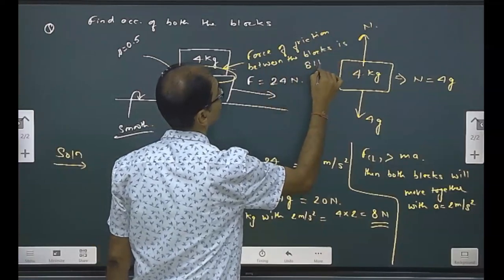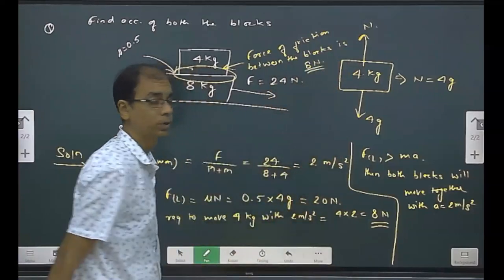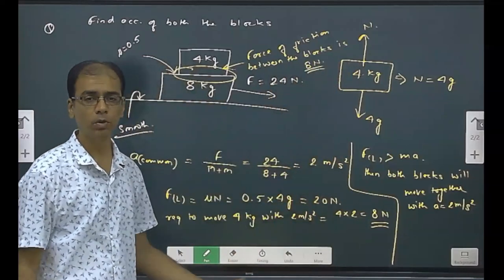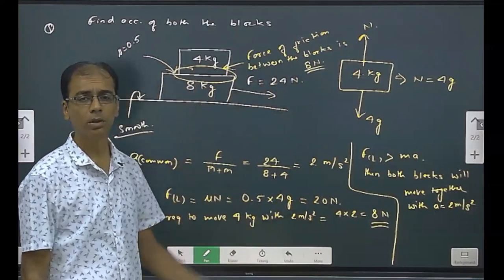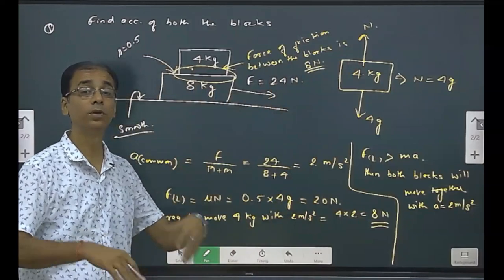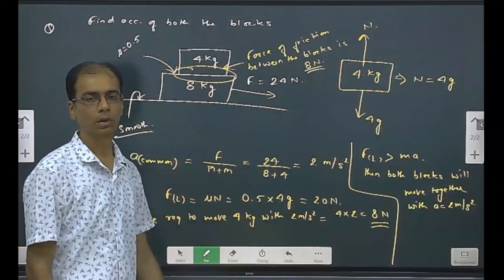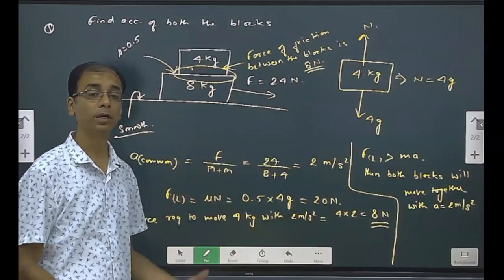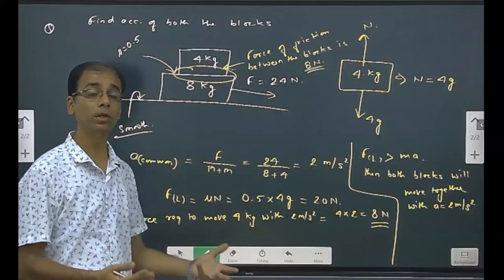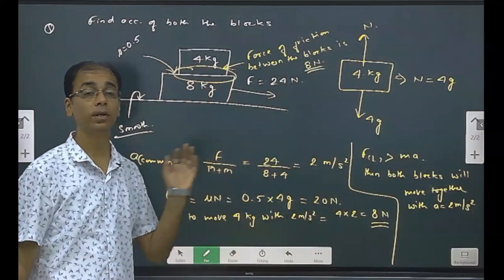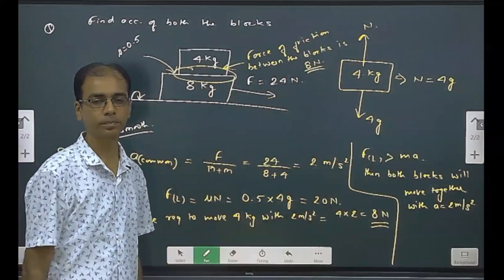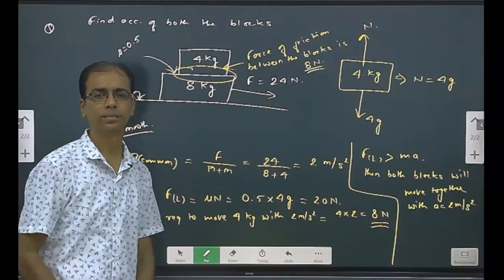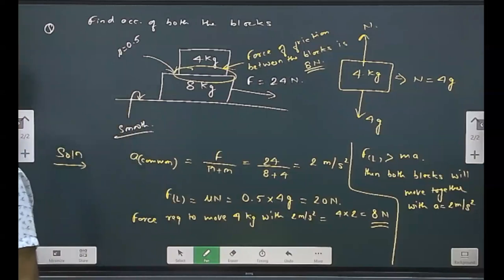Not 20 Newton. Limiting value, maximum value is 20. But do we require maximum? We don't require. It's only going with 2 meters per second square. If it moves with 3, then 12. If it moves with 4, then requirement is 16. If it moves with 5 meters per second square, then we will require friction 20. You understand that? Yes, sir. Okay, come on, note this one.